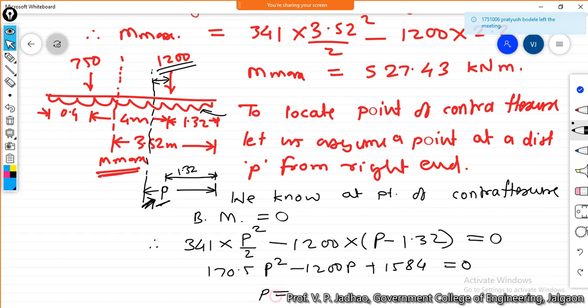The first value of p is 1.76 meters, and the second value of p is 5.275 meters. Why two values of p? Because we are having 2 points of contraflexure. The first one is at a distance 1.76 meter and the second one is at a distance 5.275 meter.